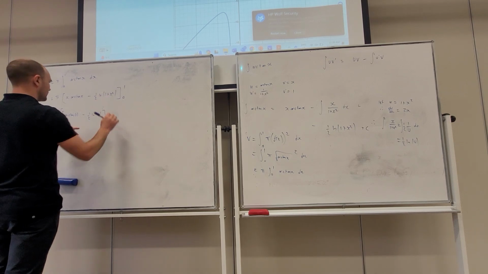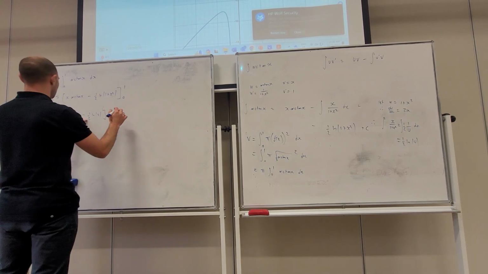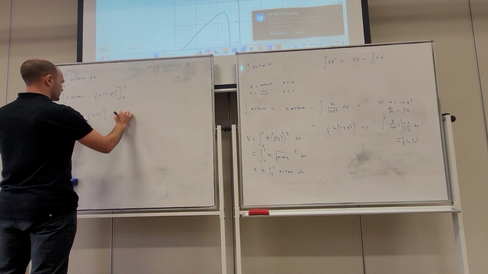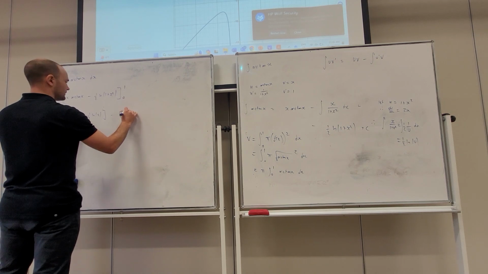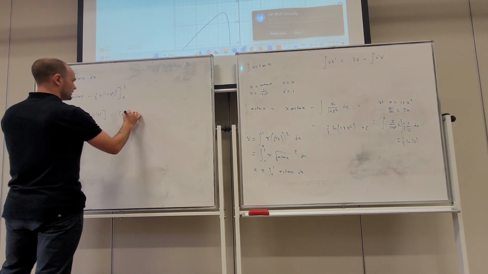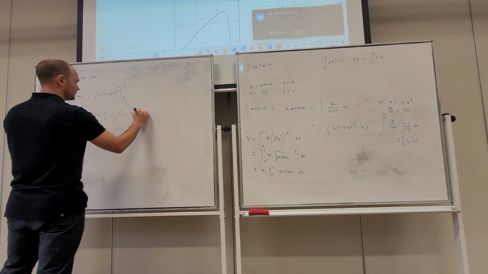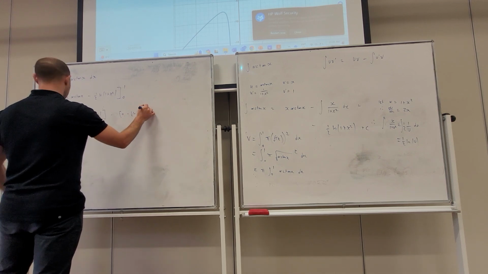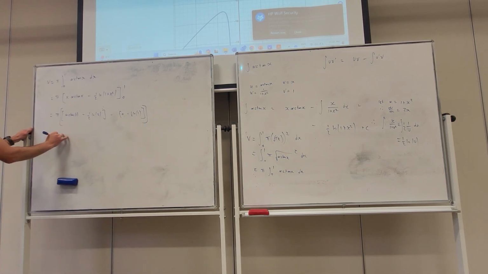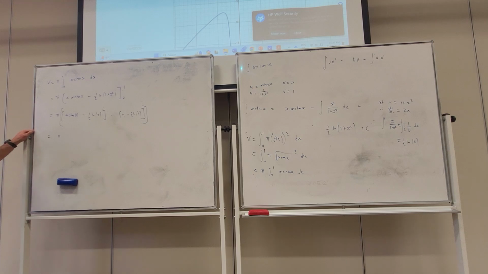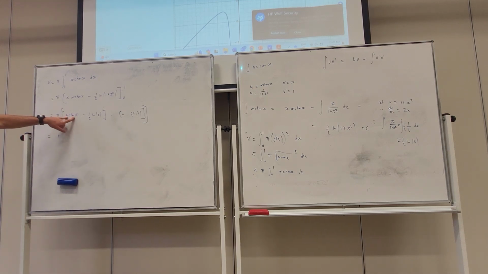Take away, and we put 0 in. I think it's all going to go to 0, so it's 0 arctan of 0, that's going to be 0. Take half ln of 1, which is 0. So that part's going to 0. So we're left with arctan of 1, so that's inverse tan of 1 in your calculator, pi on 4.